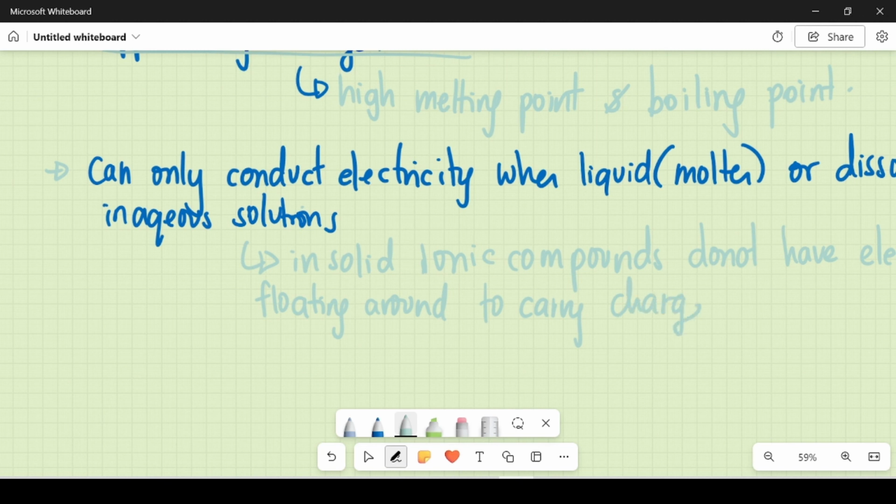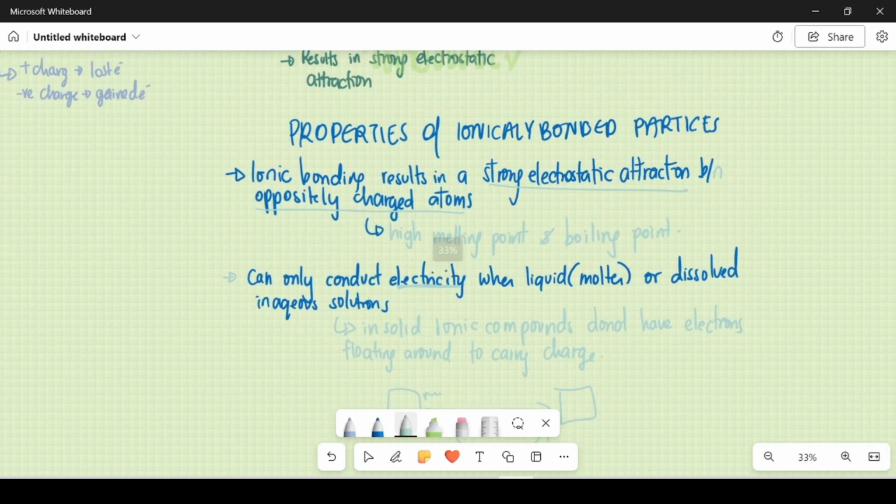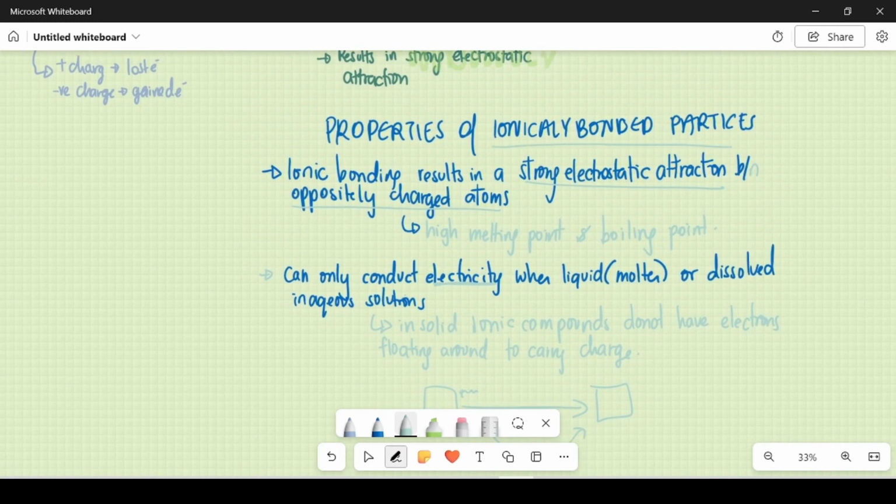And we know in order to conduct electricity from one block to another, you need little things to carry charge. And there's no electrons free, so you don't have any way of conducting and carrying charge. So that is a little bit about the properties of ionic bonded particles.